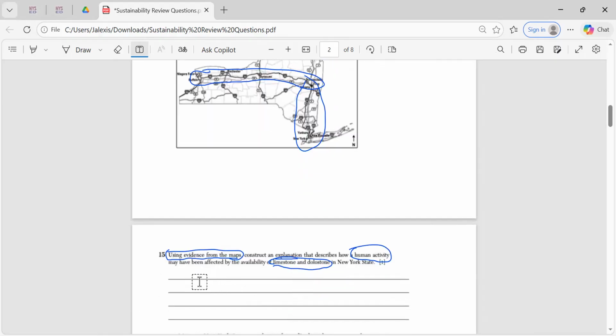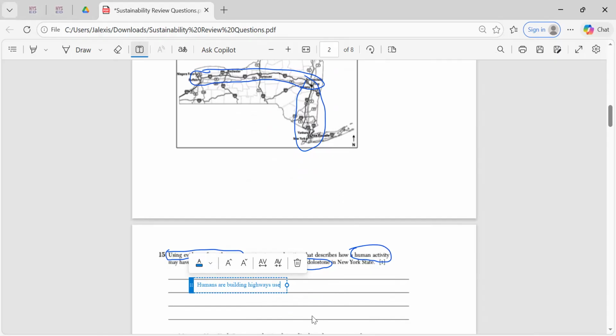So maybe I can say the human activity is that humans are building highways from the crushed stone.